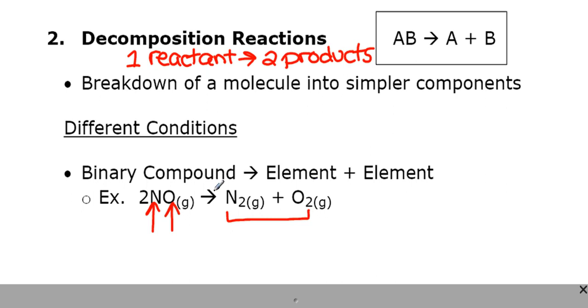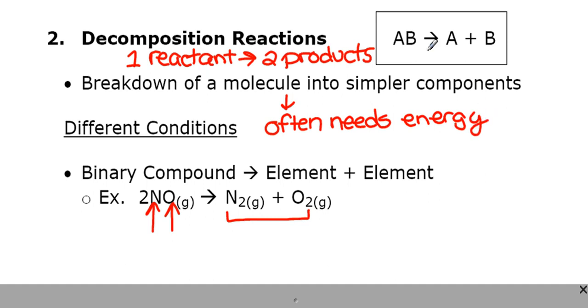Now, one thing that is often needed for decomposition that isn't shown here is extra energy. It's an energy requiring process because you're breaking something down. So things like heat, light, anything like that.